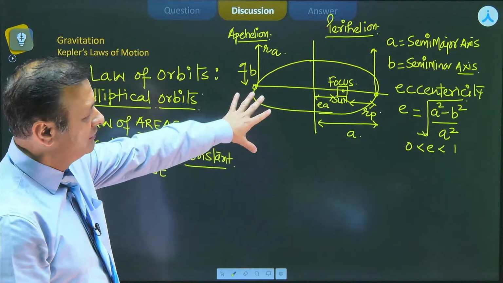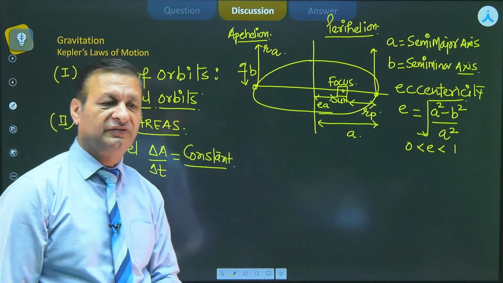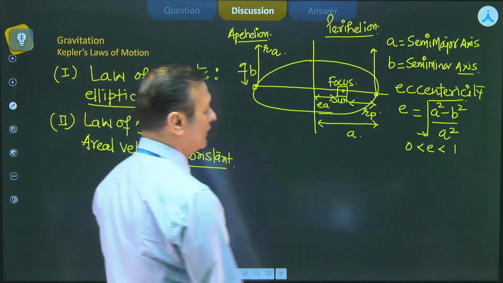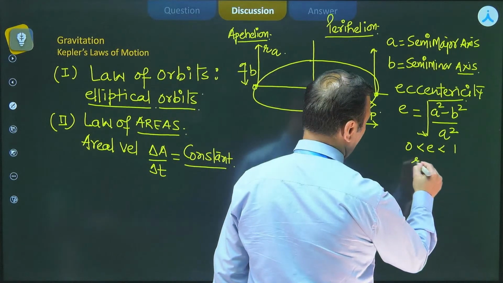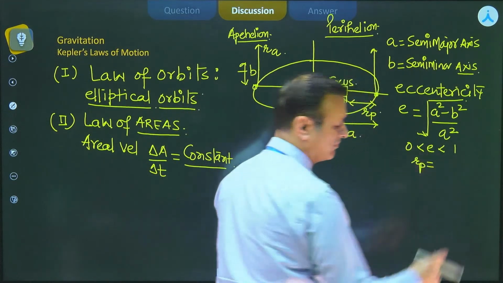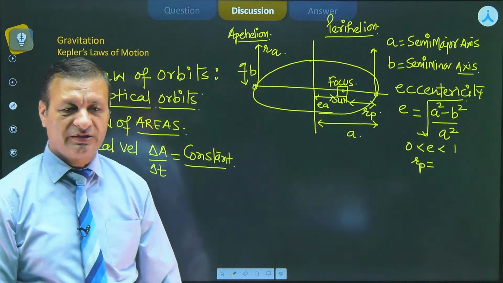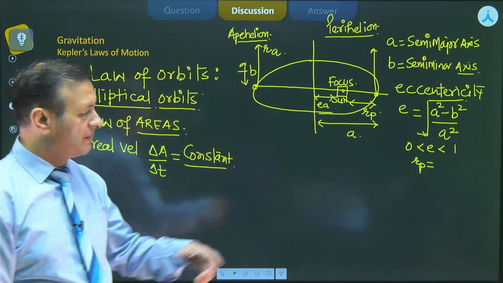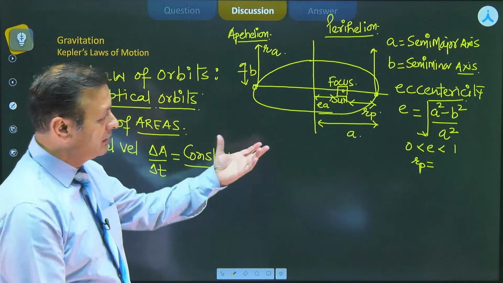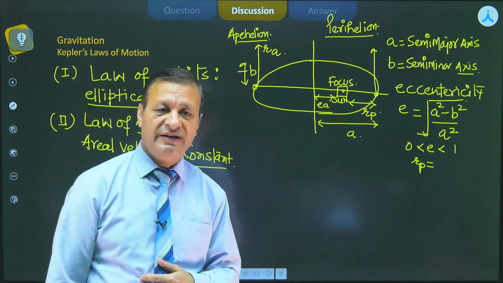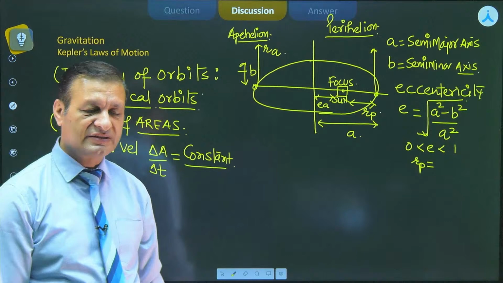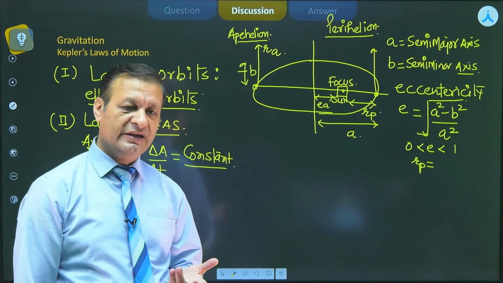I think this is very much clear to all of you from this labelled diagram. Now can we understand what is RP? Yes, students, can you give me the value of RP in terms of E or A, eccentricity and A?